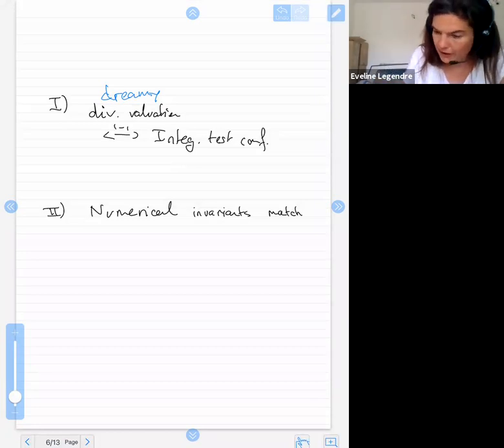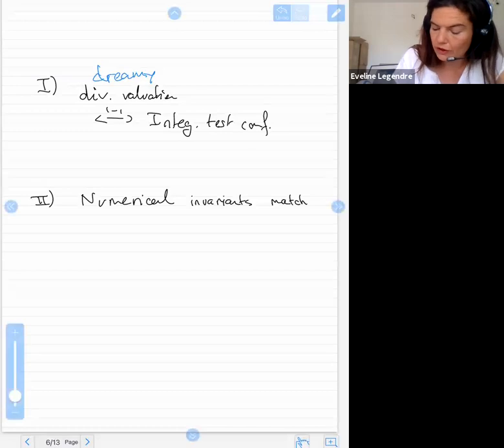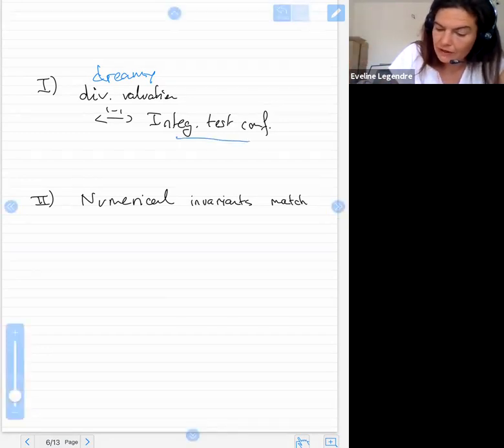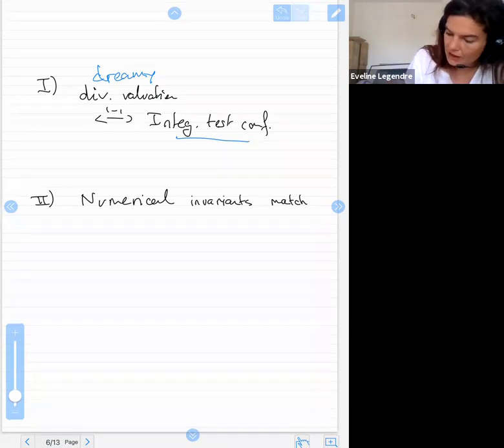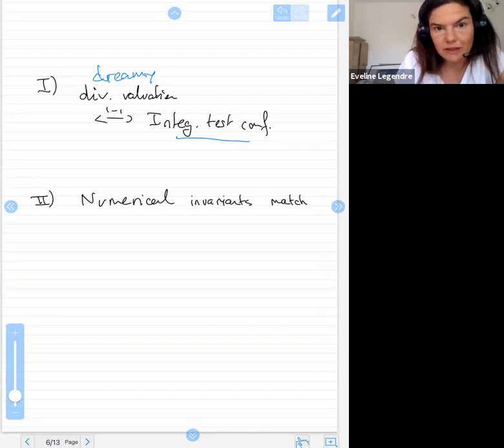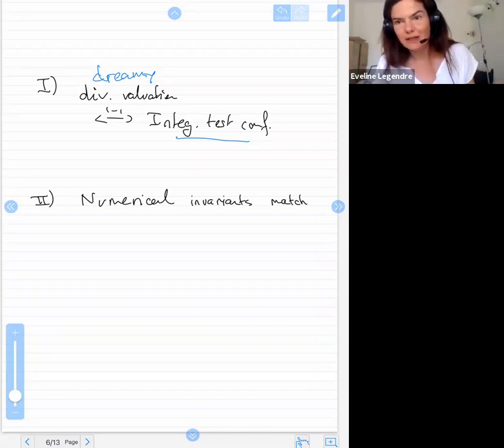So I don't know if I will have time to show that the numerical invariant, the Donaldson-Futaki invariant of that test configuration, coincides with the beta_L invariant of the dreamy divisorial valuation. But let me say that it's not so easy. It's not just computing the two invariants and seeing that they are the same.